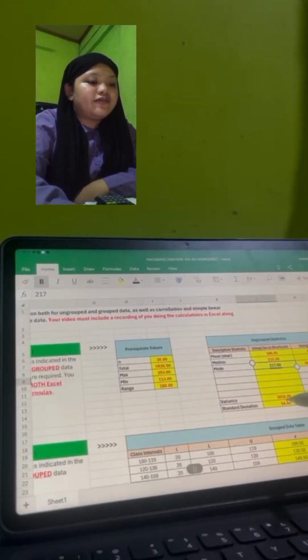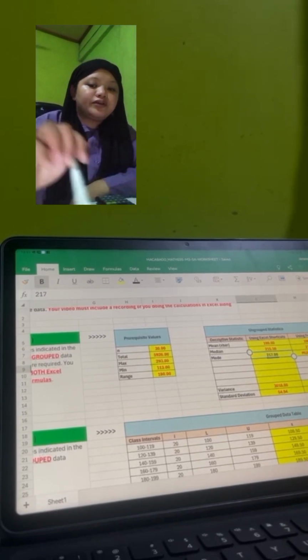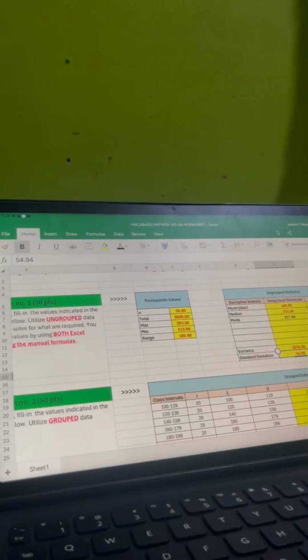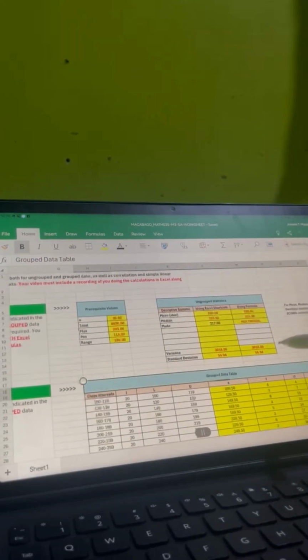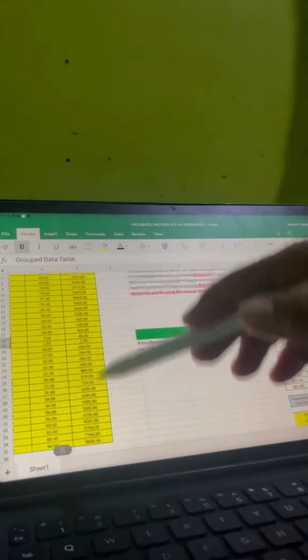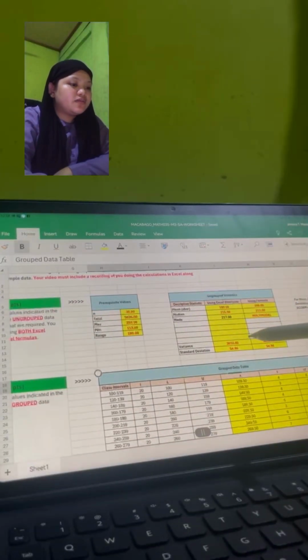And now the variance is 3018, and the standard deviation is 54.94. So how did I get the variance of this data?